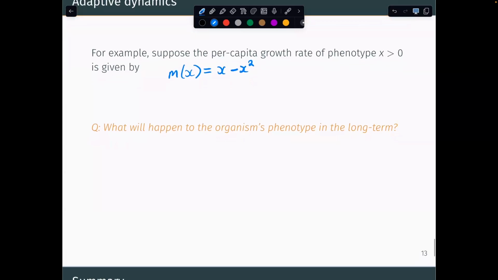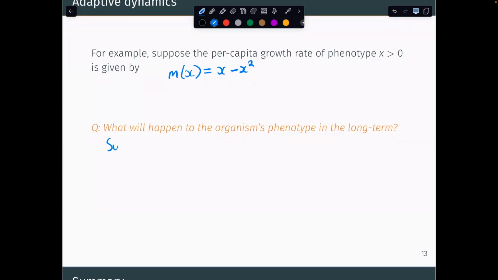The question is then, what will happen to the organism's phenotype in the long term? Well, we can walk through this in a verbal way. And essentially what we'll be doing when we do adaptive dynamics is rigorizing this, making this a more mathematical approach rather than just a verbal argument.